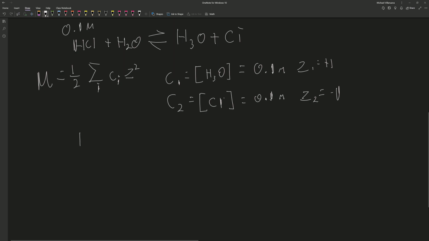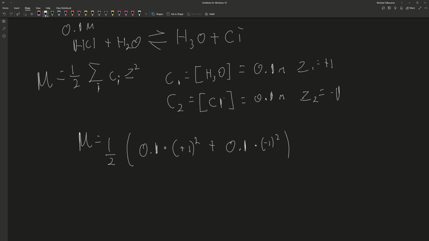We just plug into the equation. The ionic strength of the solution will be equivalent to 1/2 times C1, which is 0.1, multiplied by +1 squared, plus 0.1 multiplied by -1 squared, which equals 0.1 molar.